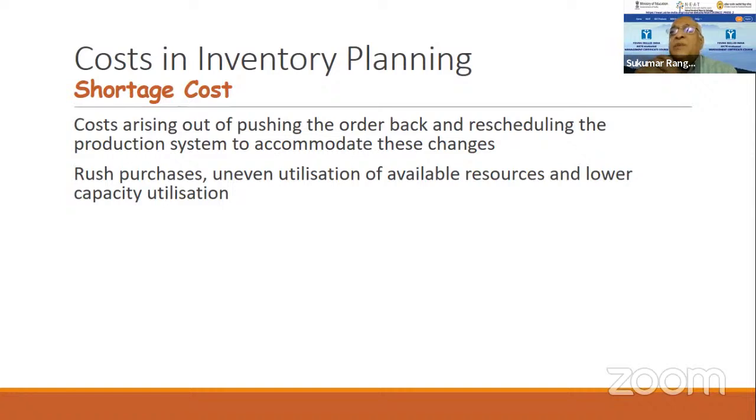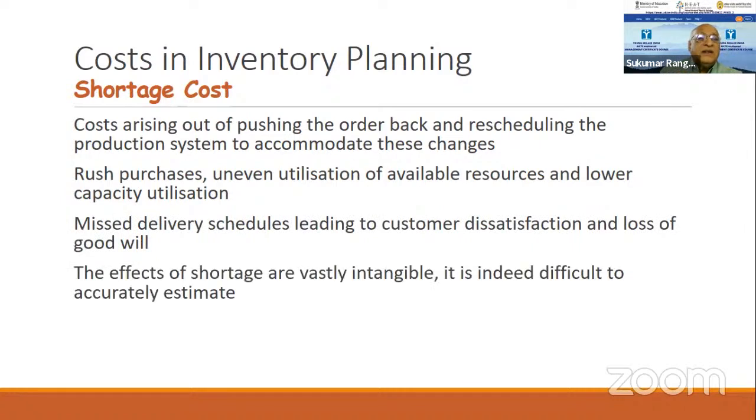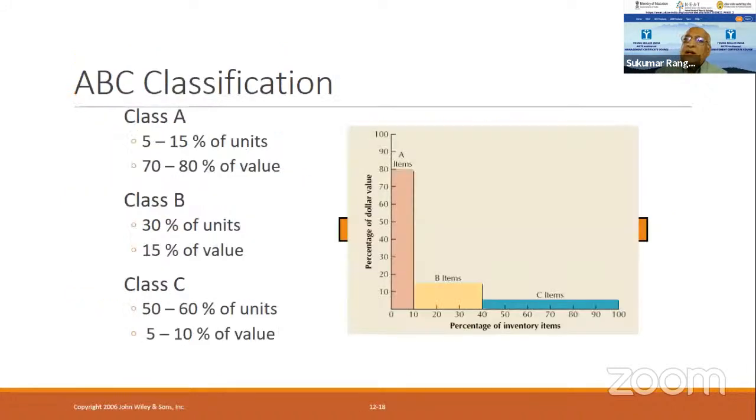But then this costs money, because this fellow probably will be using costly resources to buy, and buy at a much higher price in the market. So rush purchases, uneven utilization of available resources, missed delivery schedules leading to customer dissatisfaction. That is one of the shortage costs. The effect of shortages is vastly intangible, and it is difficult to measure accurately.